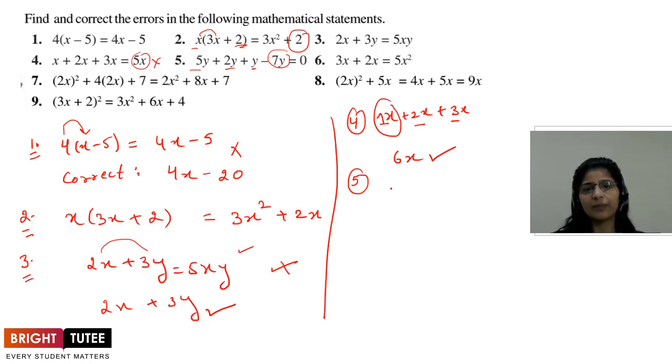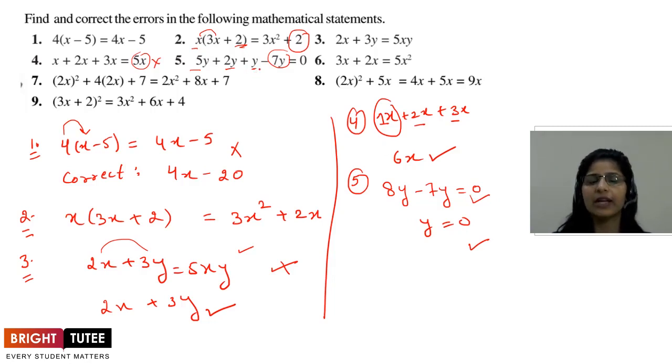This one is wrong because 5 plus 2 is 7 and plus 1y, that is 8y. 8y minus 7y is y, not equal to 0. Clear? So we should write that the complete statement is equal to y.